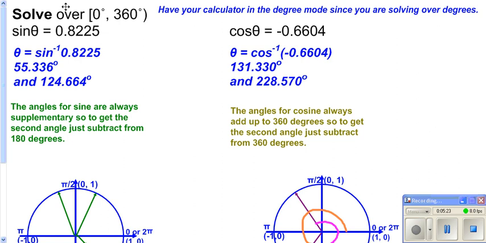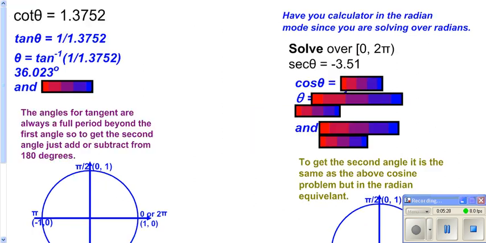And remember, we were looking for an angle between 0 and 360 degrees positive. So if we go 180 and add our 36.023, that would give us our other angle, which is between that 0 and 360 degrees. When you're dealing with tangent, you always just want to go ahead and add or subtract 180, which is a full period.